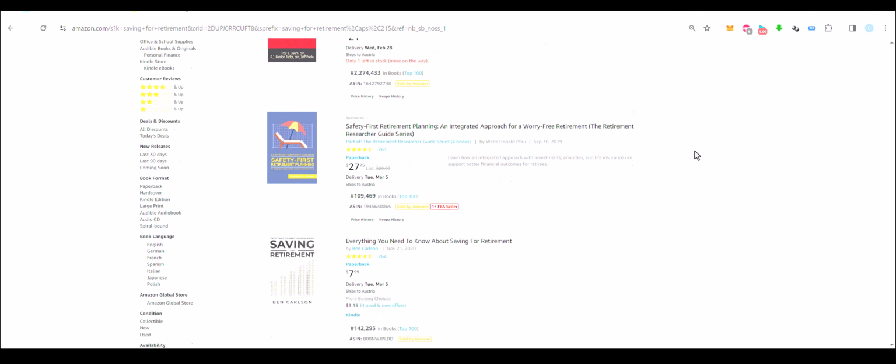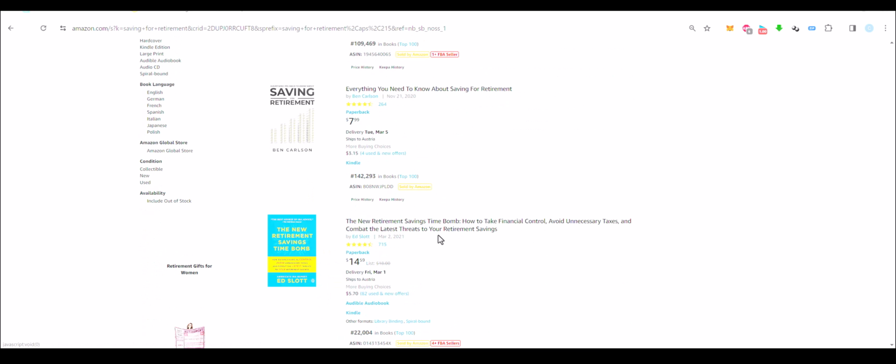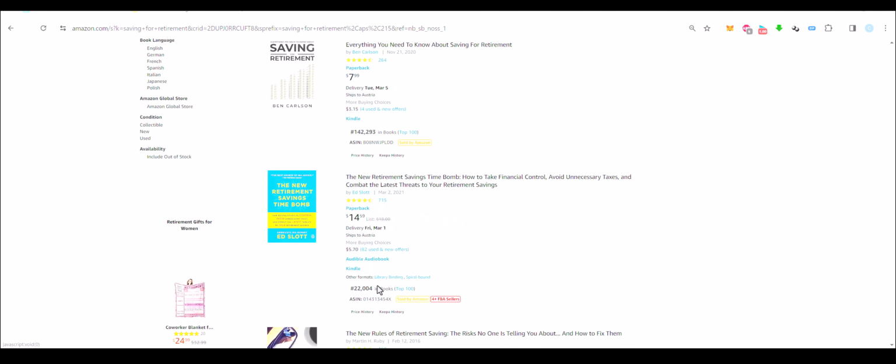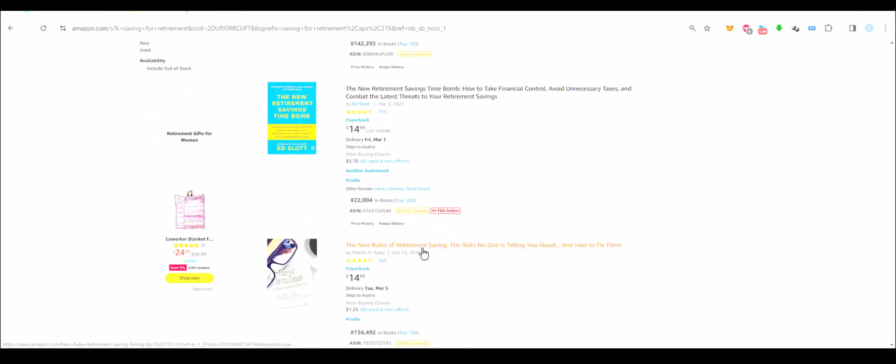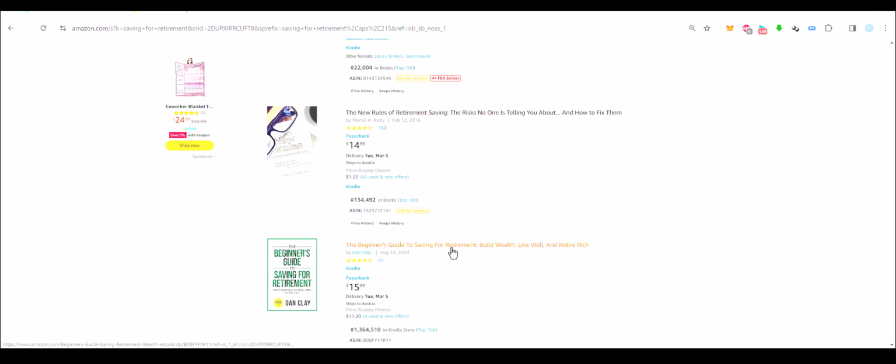Okay, so saving for retirement, good BSR, not too many reviews. Retirement savings, very good BSR, not a crazy amount of reviews. Retirement saving, good BSR, not a crazy amount of reviews. Saving for retirement, good number of reviews, but not too many.